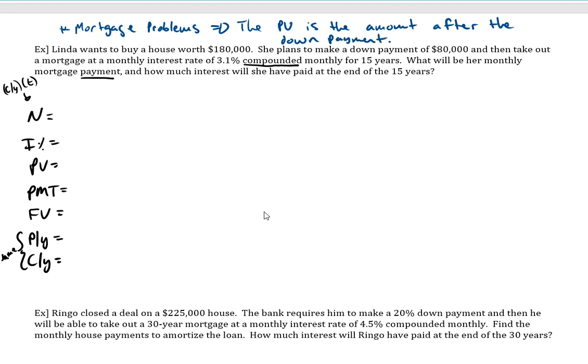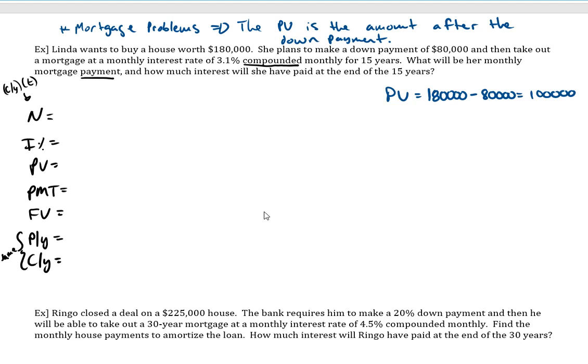Okay, so on this problem, let's just mark it up here. Our present value: the house is worth $180,000, but she plans to make a down payment of $80,000. So the total worth of the house right now minus the down payment would give us $100,000. So that is what we truly want here.